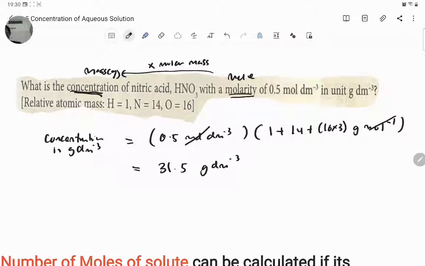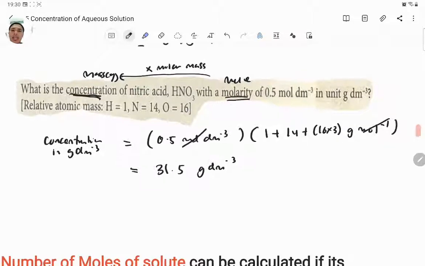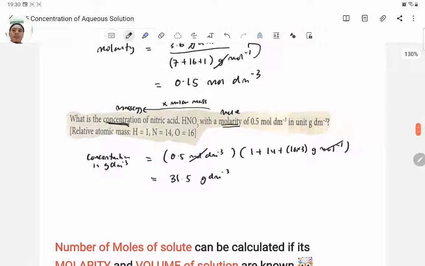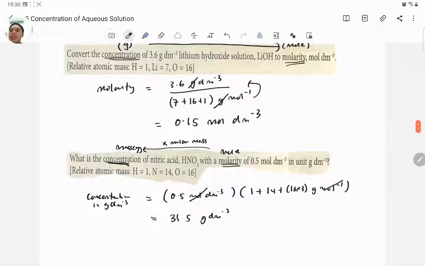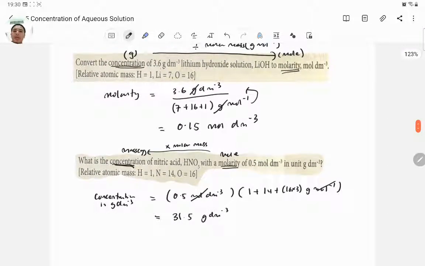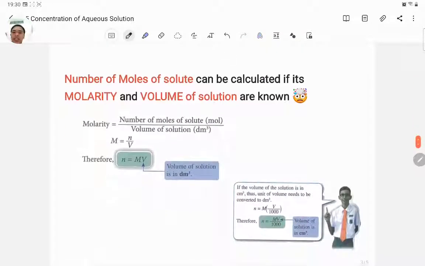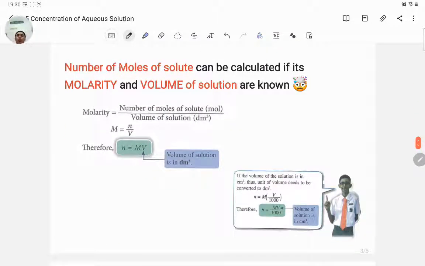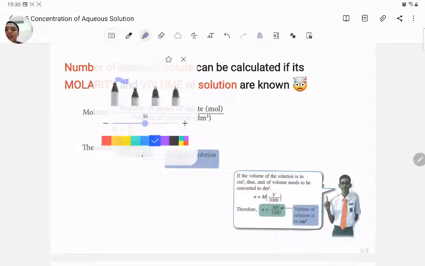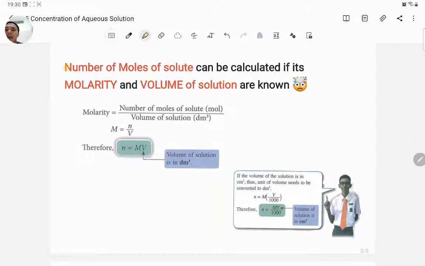So that is the concentration of nitric acid in gram dm -3. Alright. So I hope that from this example you can see the relationship between concentration and also molarity. So let's proceed. Number of mole of solute can be calculated if its molarity and volume of solution are known.